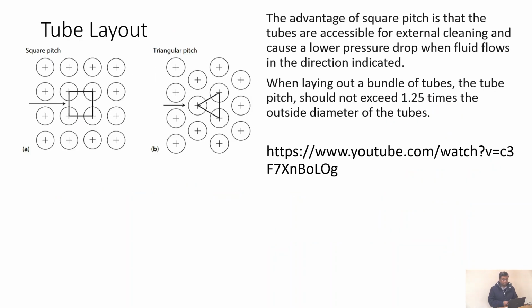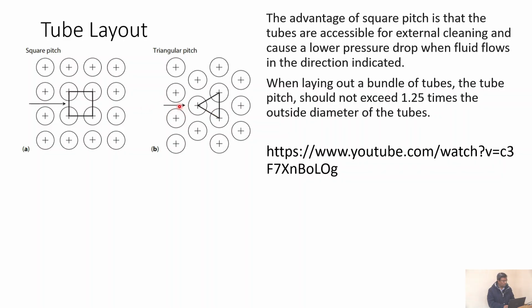let's look at the tube layout, because this is in your hands. This I mentioned some time back that, okay, you can have this sort of flow pattern. So this is square pitch, but you can also have a triangular pitch. So in this case, you can have more turbulence generated in the flow, right?